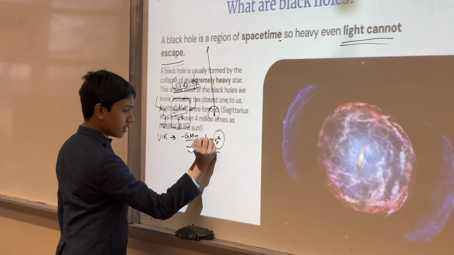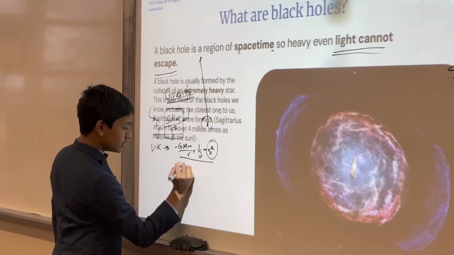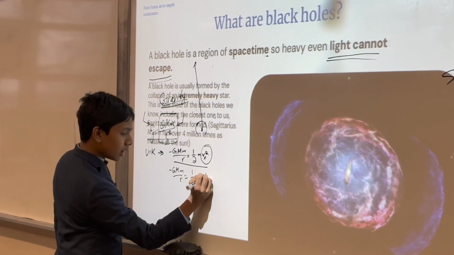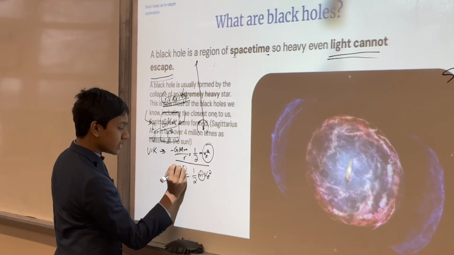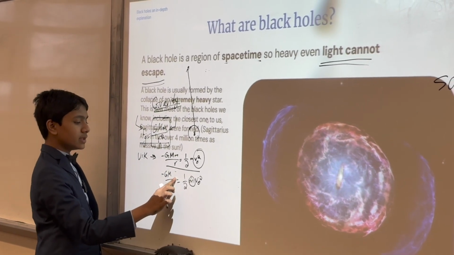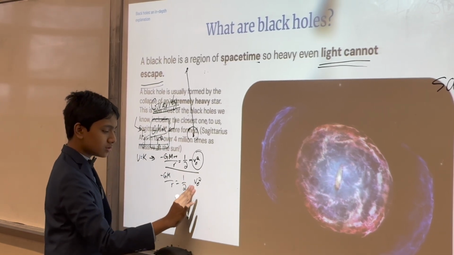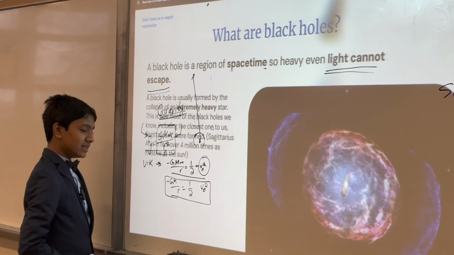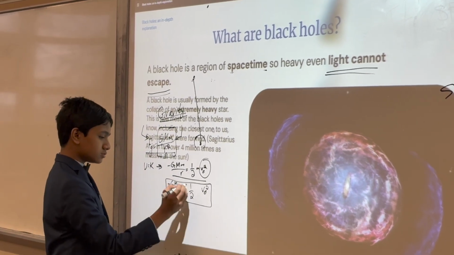So, the first thing that we do is we see this common factor of m on both sides, m being the mass of the object that's being sucked in, and we can just cancel it out. We can divide it out, leaving it with this right over here.